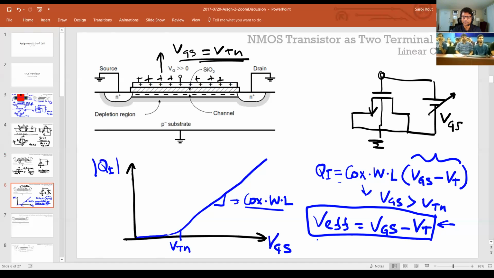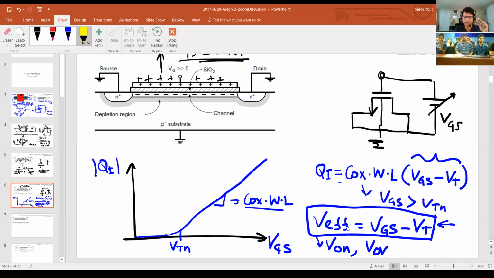And essentially what it means is, what is the excess voltage above VT? So a lot of times some literatures or books, they'll refer to this as V on. Some of them will refer to it as V OV, which is over voltage, but they all mean the same, right? So make sure you understand what V effective is.